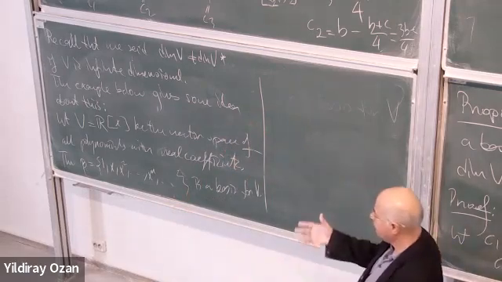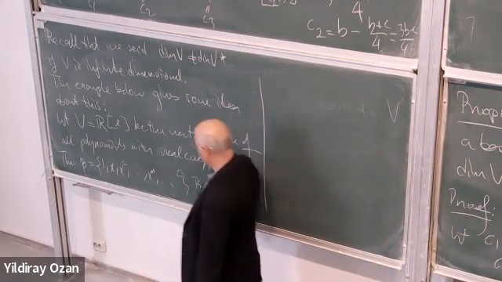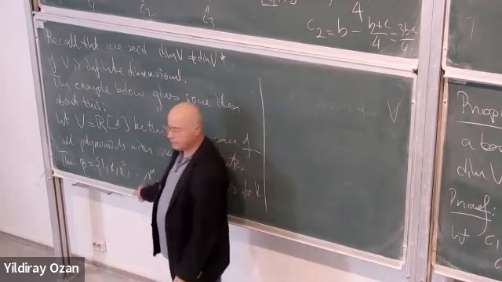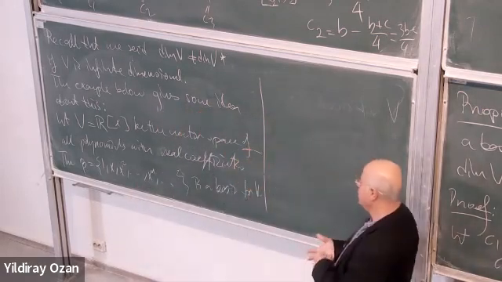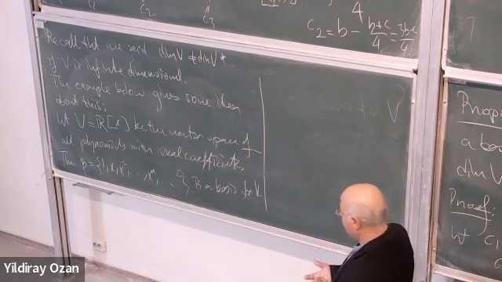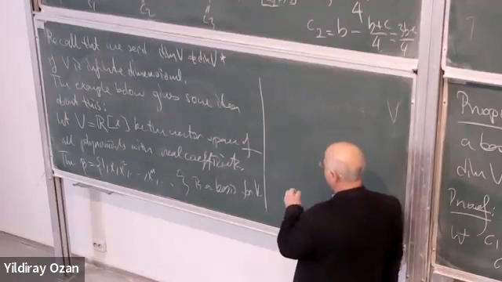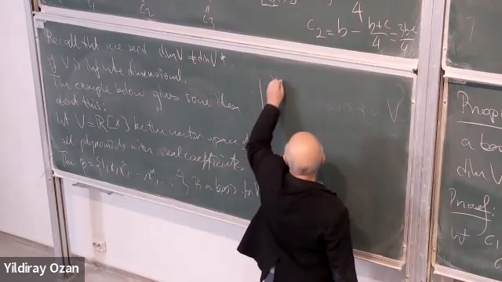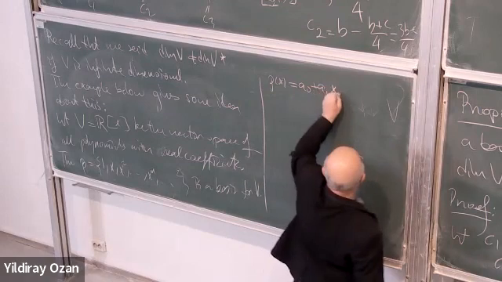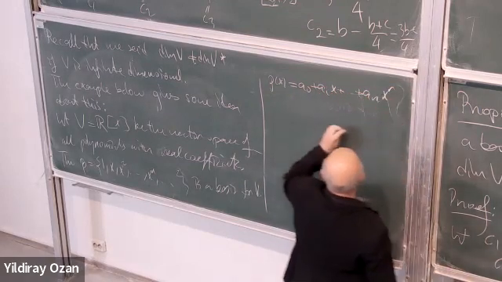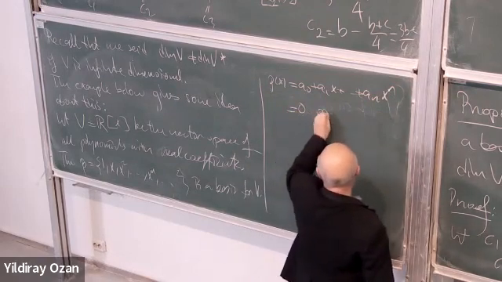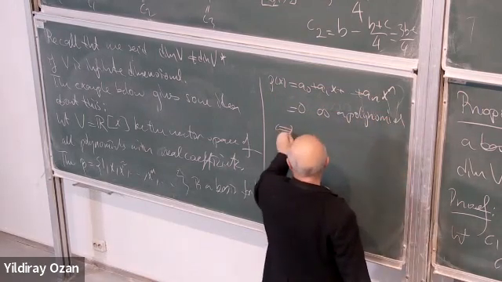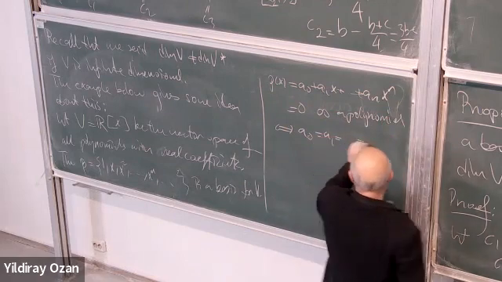Or you may consider them as functions on R. In the definition of polynomials, if we have a polynomial, let's say p(x), which is a0 plus a1x and so on up to anx to the n, this is 0 as a polynomial if and only if a0, a1, up to an are 0.